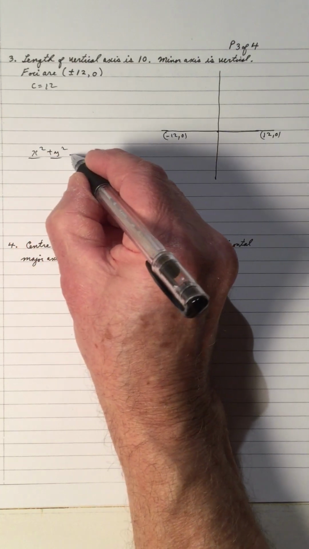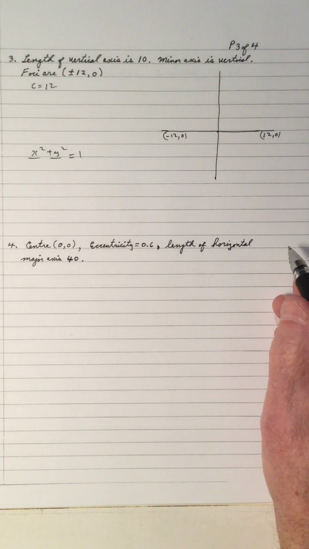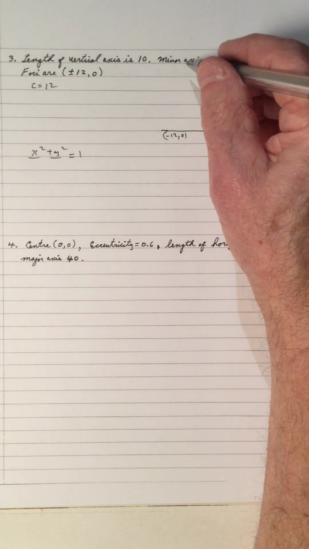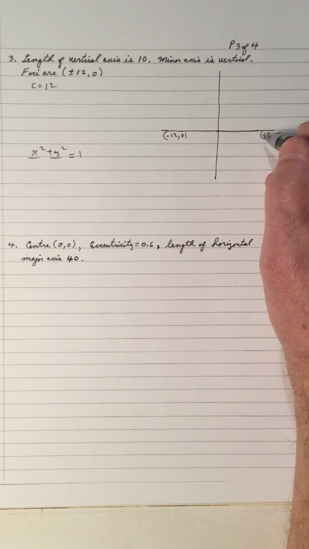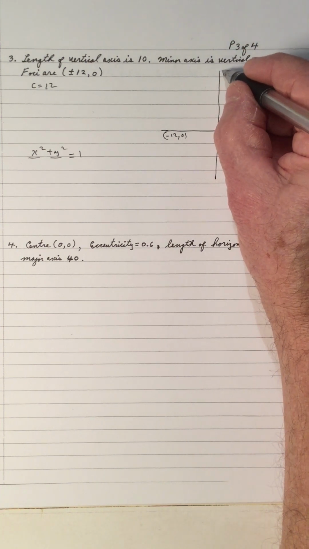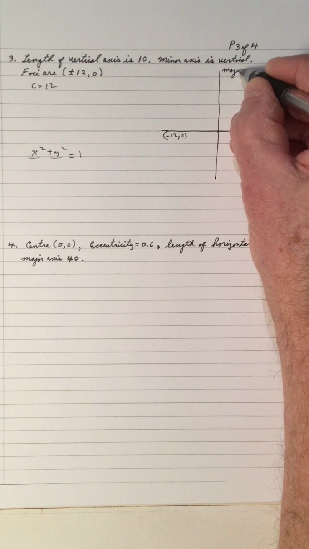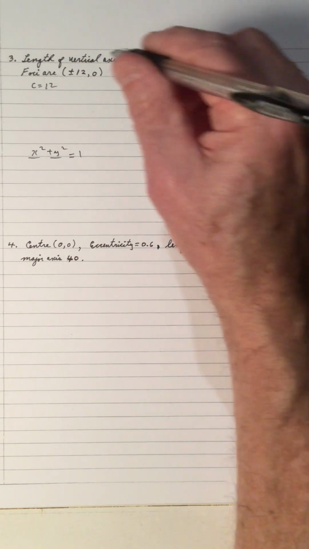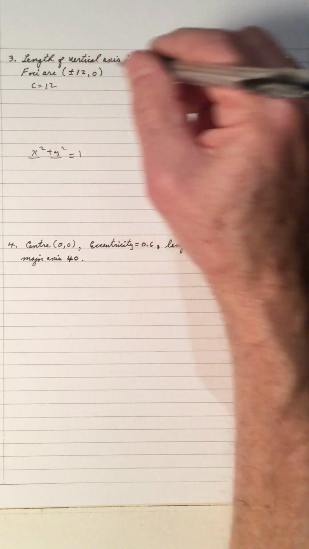Now we got to get the A and the B. We got C is 12. Sorry, the foci are on the major.